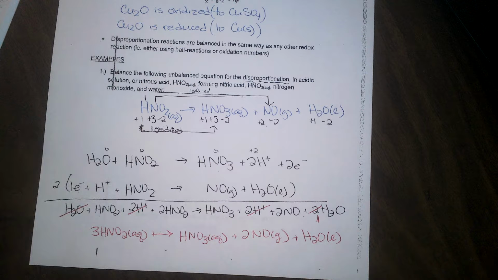Okay? So this disproportionation is not any different than balancing half reactions. It's just that you take the same reactant in both half reactions. It is weird. I was going to say it happens lots with chlorine. Well, here we go. Hypochlorite ions disproportionate to produce chloride ions and chlorate ions, right?